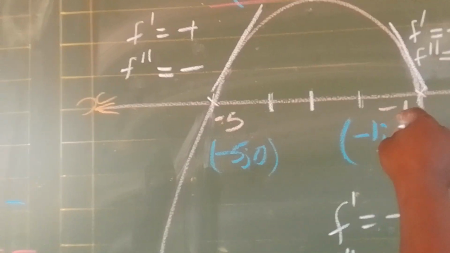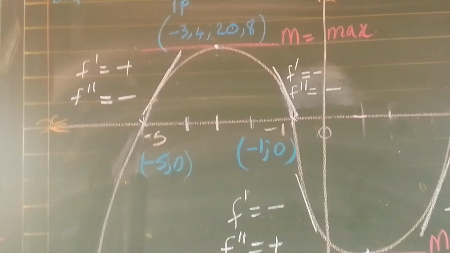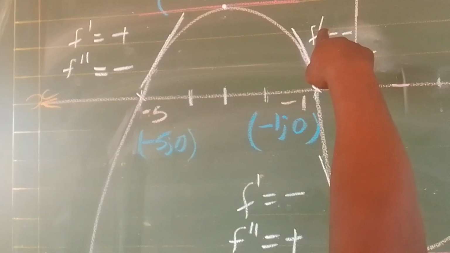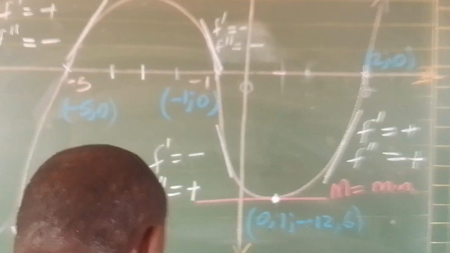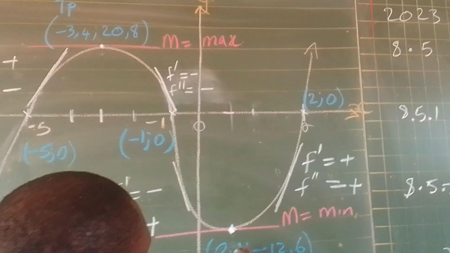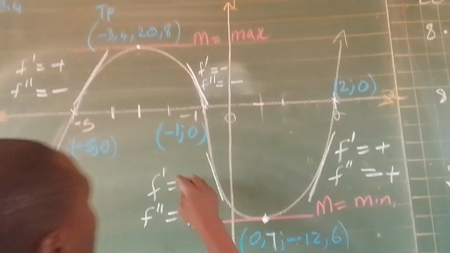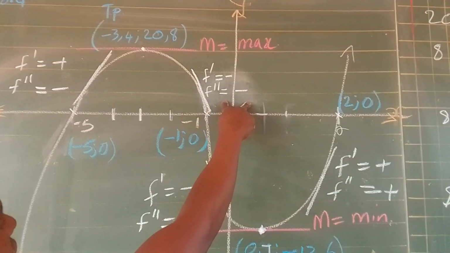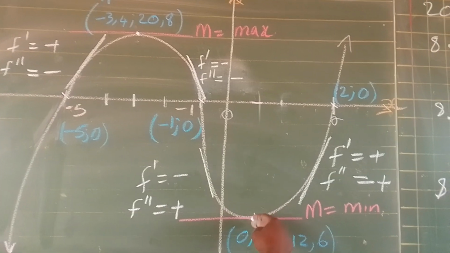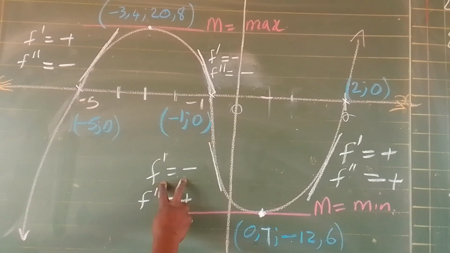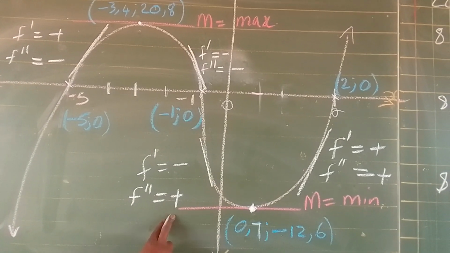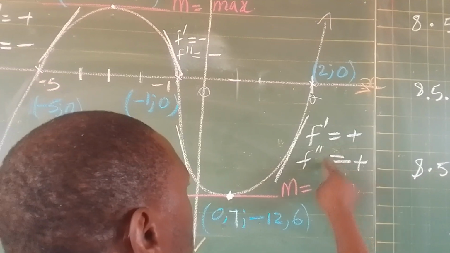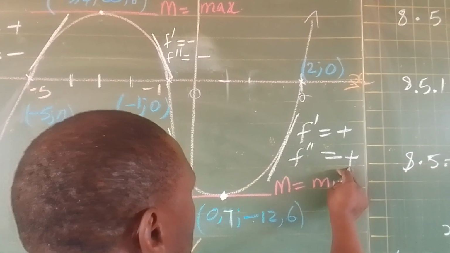Our first derivative here is negative. Our second derivative here is negative. Here, our first derivative is negative. Our second derivative is positive. At this point, our first derivative is positive and our second derivative is positive.